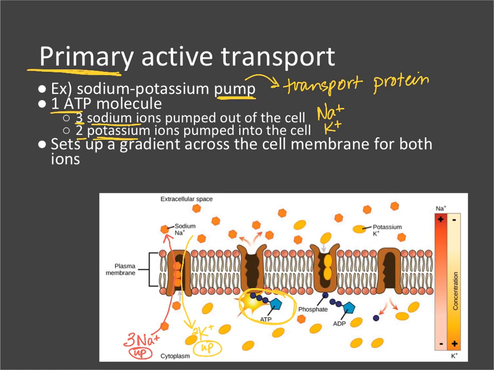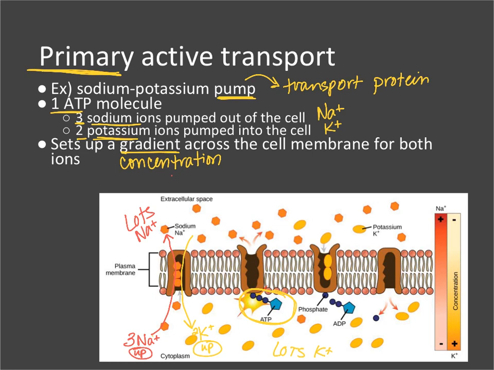So what we end up with is a lot of sodium on one side of the cell and lots of potassium on the other side of the cell because of this pump mechanism here. And this actually sets up a concentration gradient across the cell membrane for both of these ions.